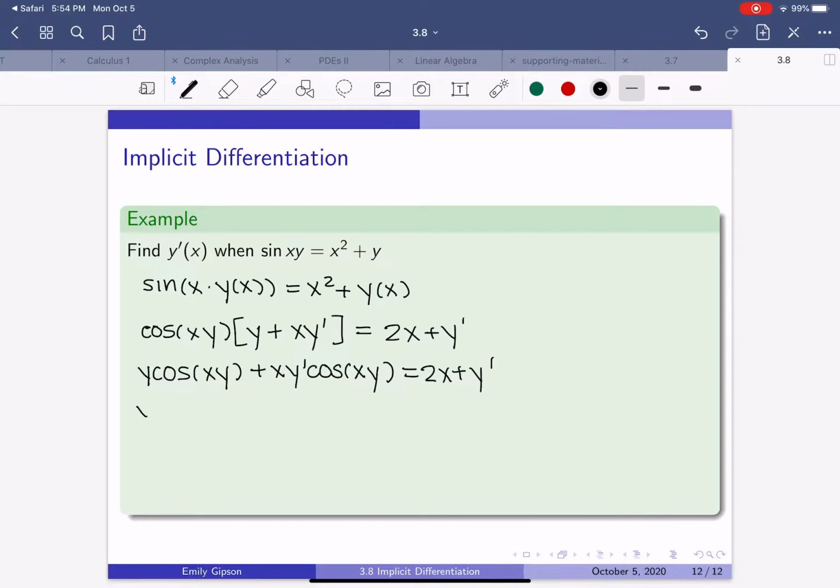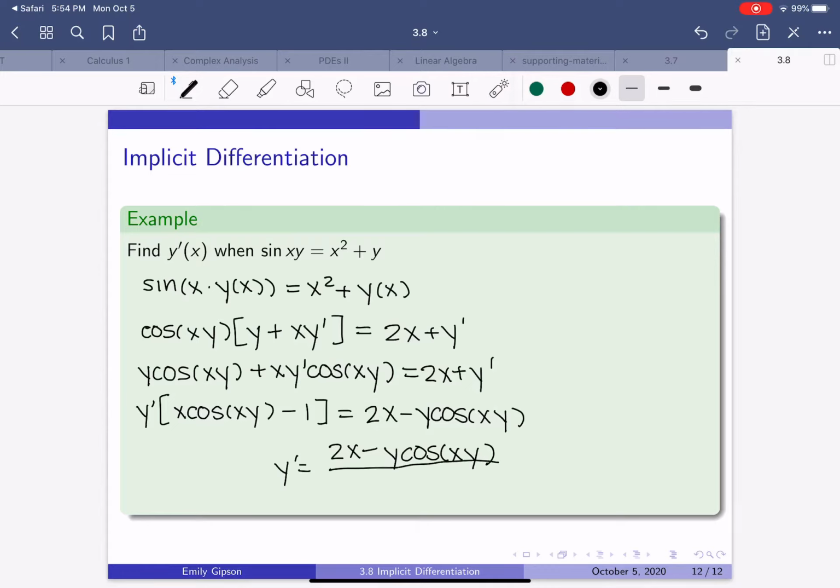And I'm even going to factor out my y prime to start with. And that's how we solve for y prime.